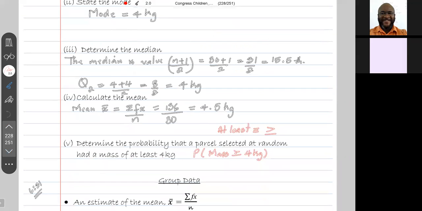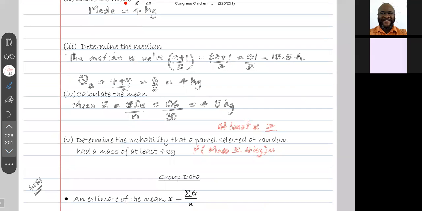So the answer for my probability is 20 out of 30, or 0.67, or 67%. So there's a 67% chance that if you select a parcel at random, that parcel would have a mass that is either 4 kilograms or greater than 4 kilograms.